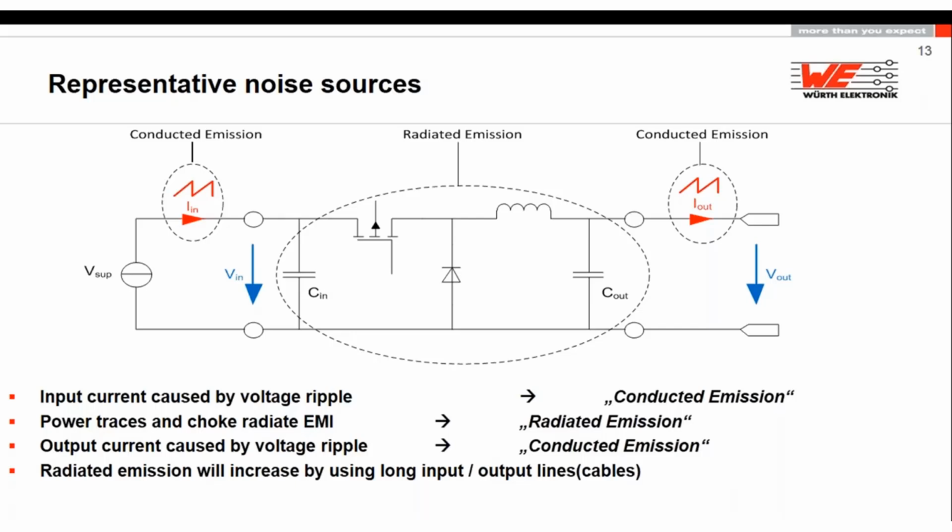It means it will automatically generate, on the input with its ripple, a conducted emission. At the same time, because the output is not a continuous voltage, since you discharge and charge an inductance and a capacitance, you may also have some residual ripple, which can again generate some conducted emissions.